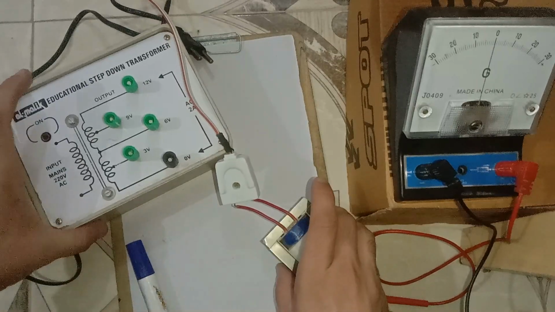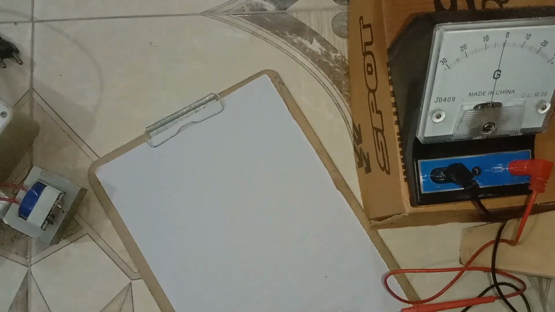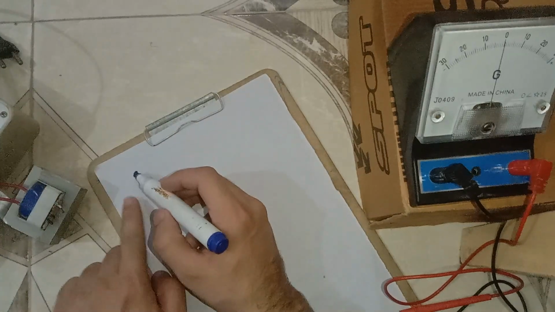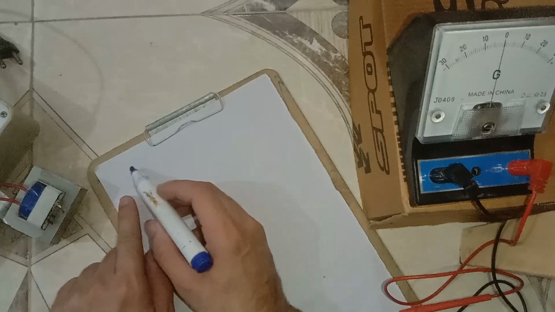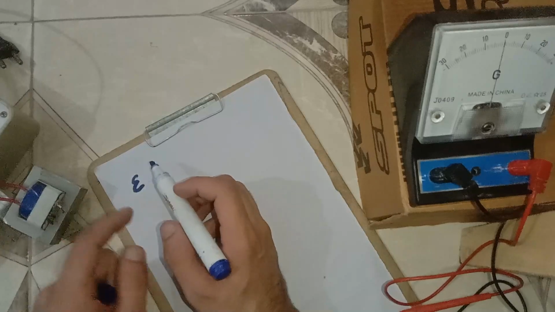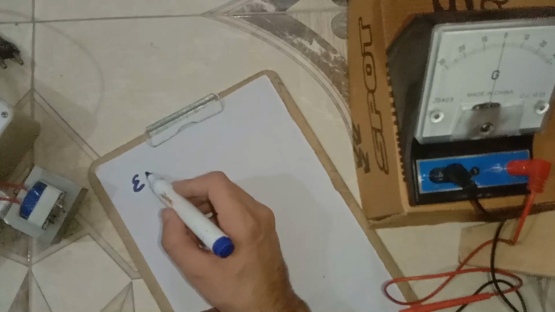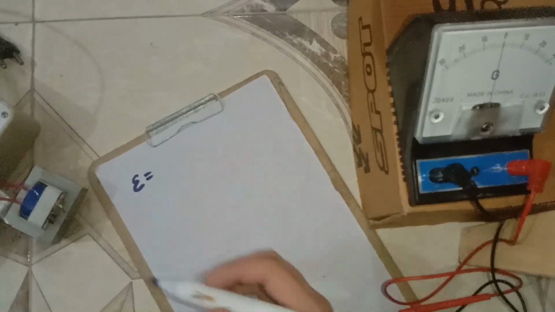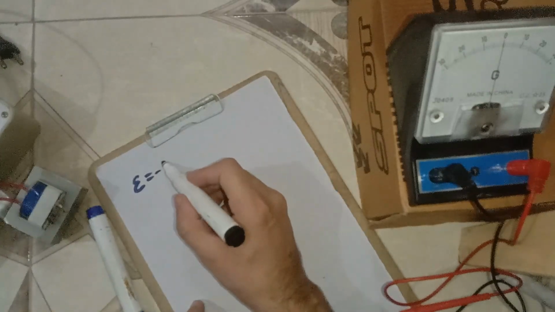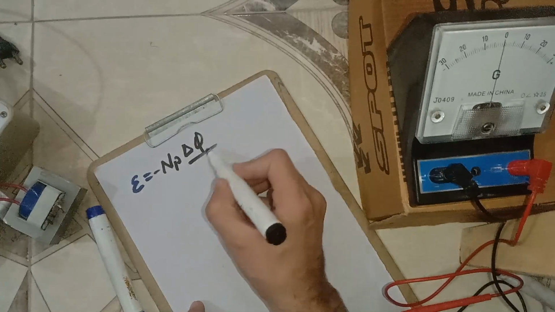The change in magnetic flux of the primary coil is given by Faraday's law of electromagnetic induction, which is equal to minus N primary del phi by del t.